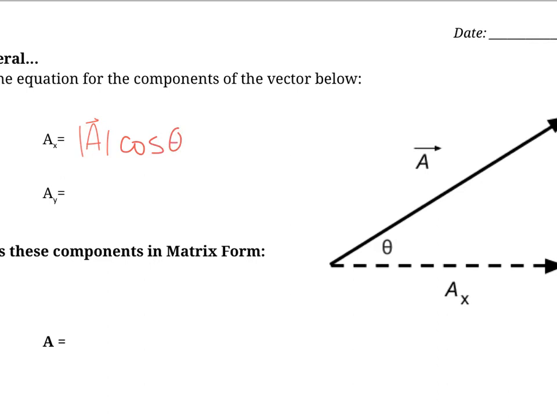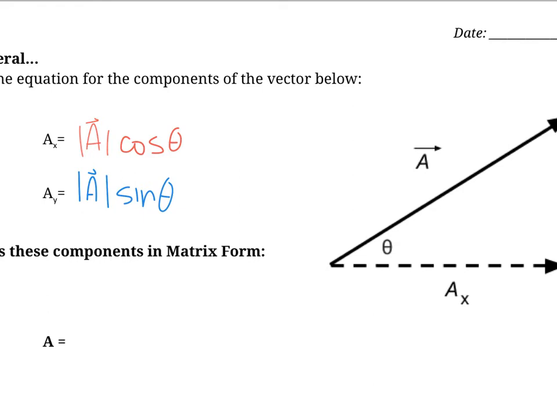And similarly, if we're finding the y value, you can probably guess, it's just going to be the magnitude of A, or the length of A, times the sine of that angle. And that's what we did in the previous question, right? This is just the rule that always works. This only works, though, if you're going to take the theta from the horizontal. Okay, if it doesn't, you have to switch them around, basically.